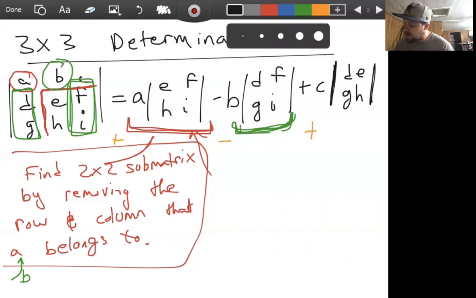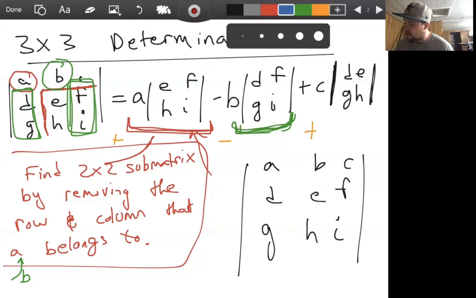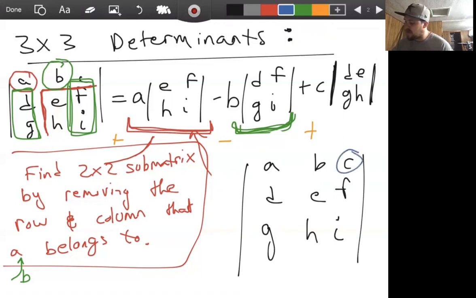We take our matrix A, B, C, D, E, F, G, H, I. Now, let's take C here, delete the row and column that C belongs to, and look at the corresponding matrix that's left.